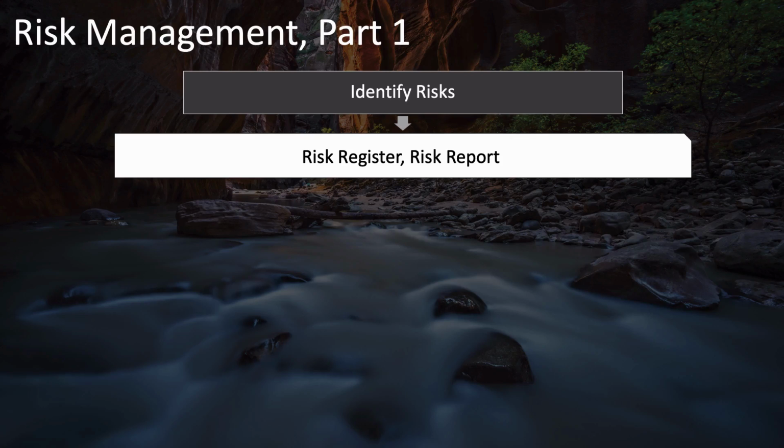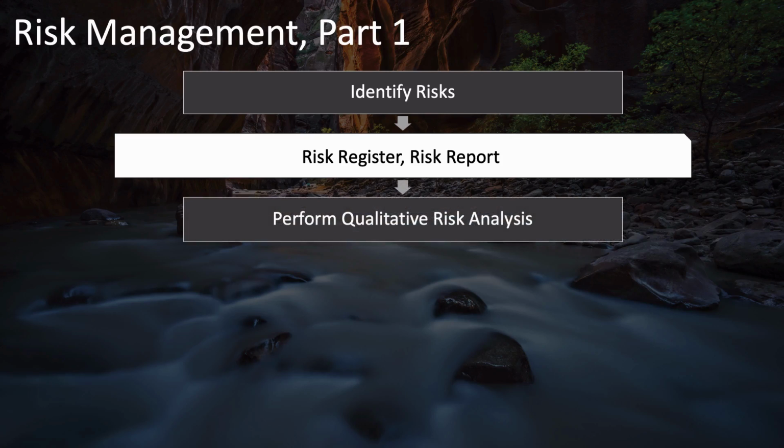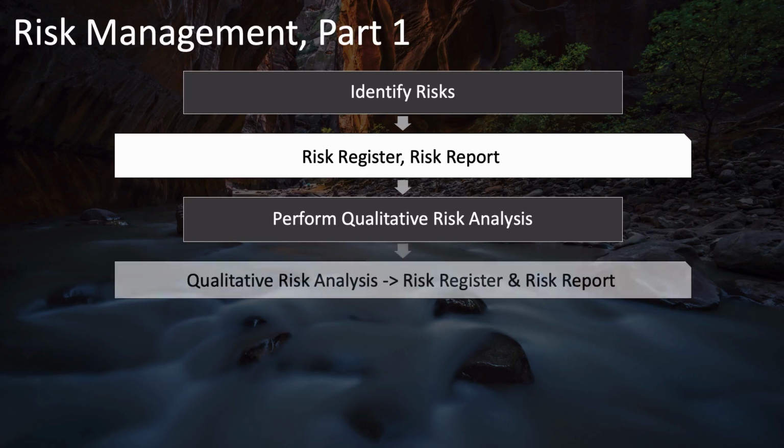These outputs are then inputs to the perform qualitative risk analysis process, which adds your qualitative risk analysis, which includes things like your probability and impact matrix and your prioritization of risks, and puts this information into the risk register and some summary information into the risk report.